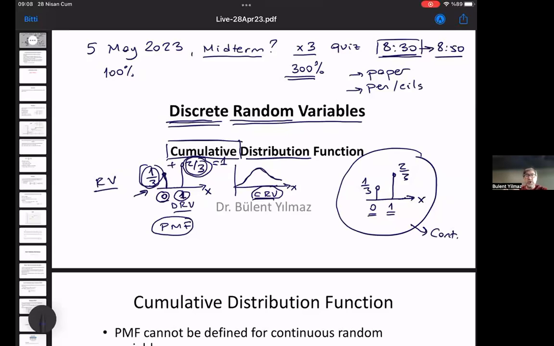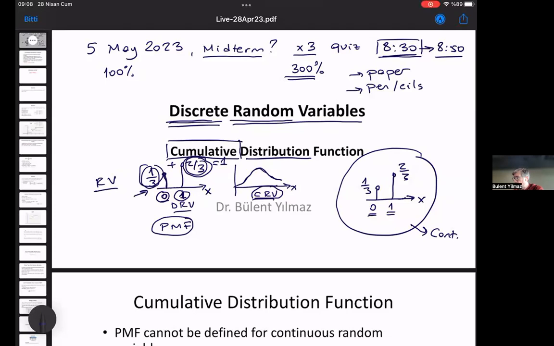So cumulative distribution function is a kind of, cumulative means addition, okay? I'm adding up, like an accumulator, adding up probabilities to obtain a continuous function, okay?